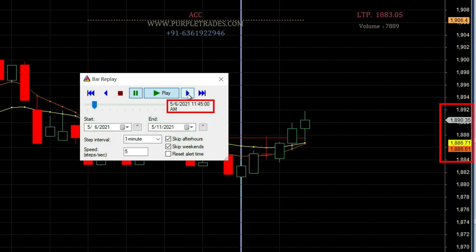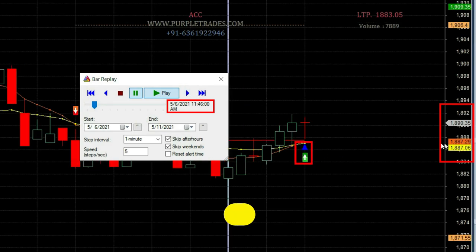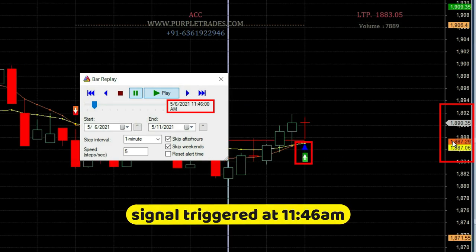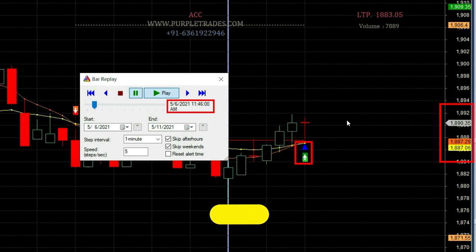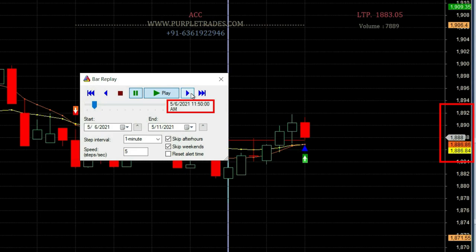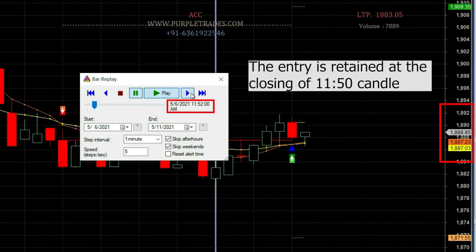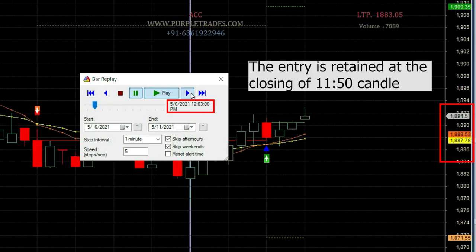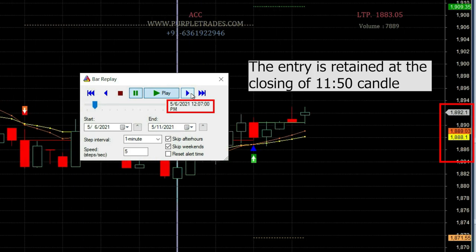Now as we move ahead, at 1146 you get another fresh candle where the orange color value is above the yellow color EMA value and you have this entry, and as we move ahead this entry is retained, so now this entry will stick here and won't disappear.